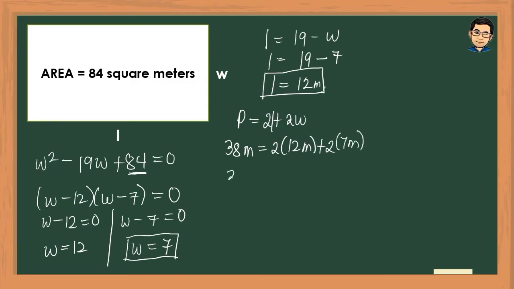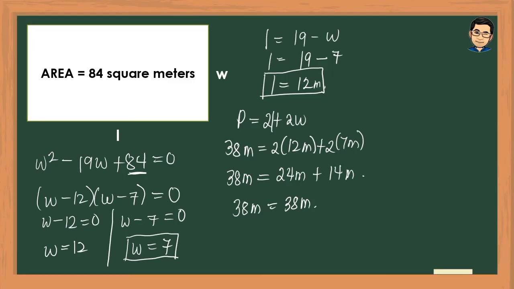So 38 meters is equal to 2 times 12, that is 24 meters, plus 2 times 7 meters, that is 14 meters. So if we will add 24 and 14, that is 38. So tama po yung ating perimeter.